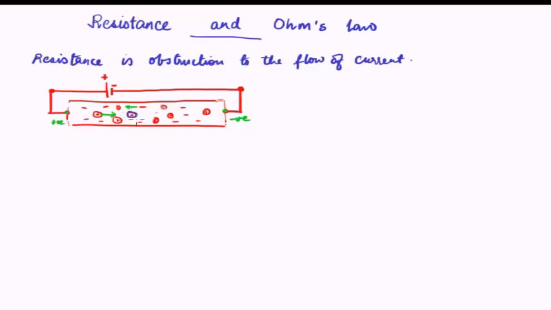Since they are stagnant and much heavier than the electrons, suppose here is a positive ion, then this electron on striking this will slow down, and may temporarily stop, and then it has to restart again its motion towards the positive terminal.